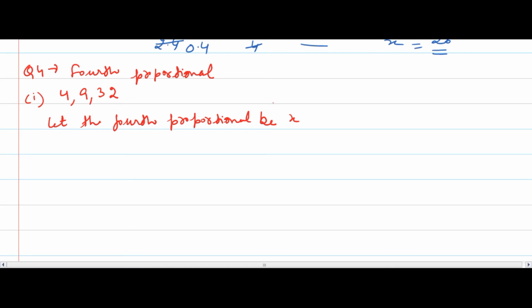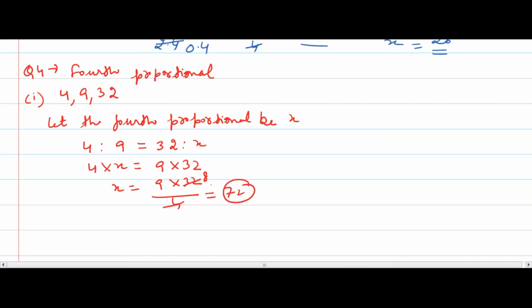So we can write them as 4:9 equal to 32:x, right? So product of extremes 4 multiplied x is equal to 9 multiplied 32. So x will be equal to 9 multiplied 32 upon 4. 4 8 ja 9 8 ja 72 would be our answer, right students?